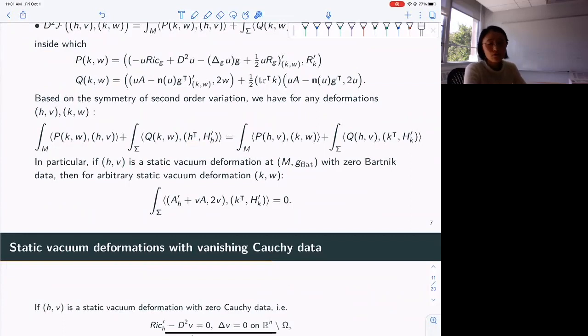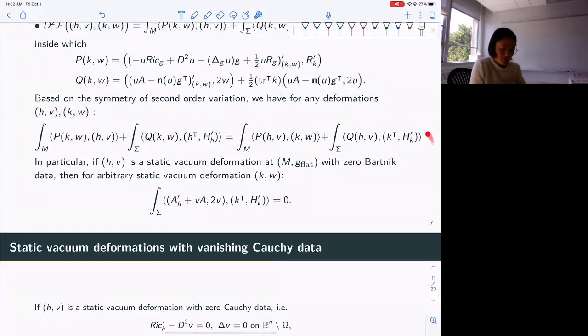And in particular, if we know that HV is a static vacuum deformation that preserves the Bartnik data, then we can plug this HV into the identity here. We see this will vanish, and we choose KW to be an arbitrary static vacuum deformation. So this term will also vanish.